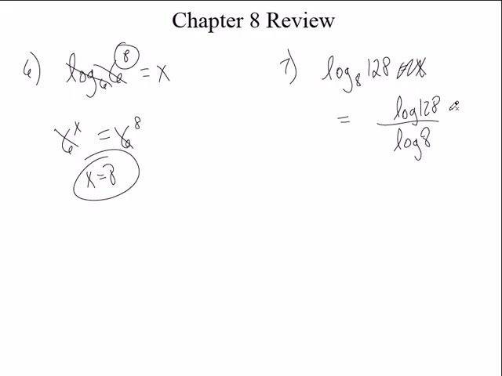Now you use your calculator on this one. You just plug and chug into a calculator, and you get about 2.3 something. Yep, 2.3333. We'll just go 4 decimal places. Okay, that's all there is to it.